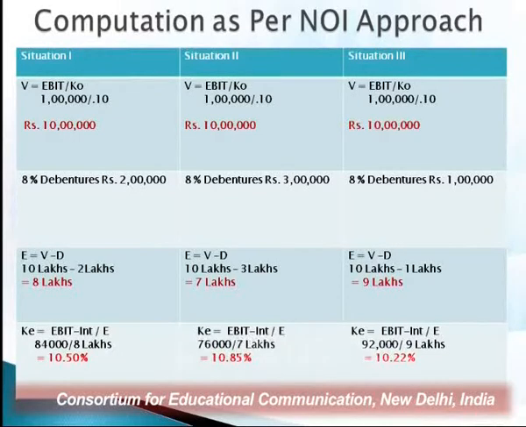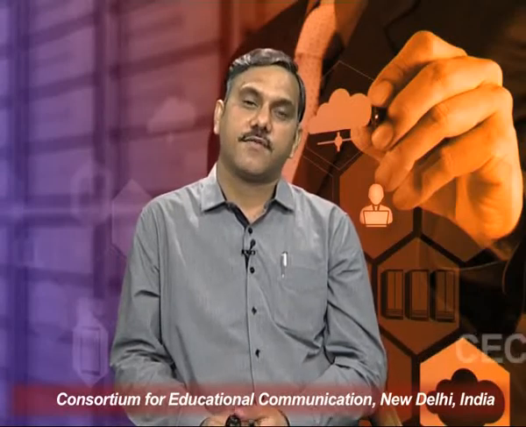So we have to understand that whatever NOI wanted is being implemented here. Whereas in situation number 3, when we reduce the quantum of debt, there is a reflection in your cost of equity, which is now reduced to 10.22% from earlier 10.50%.